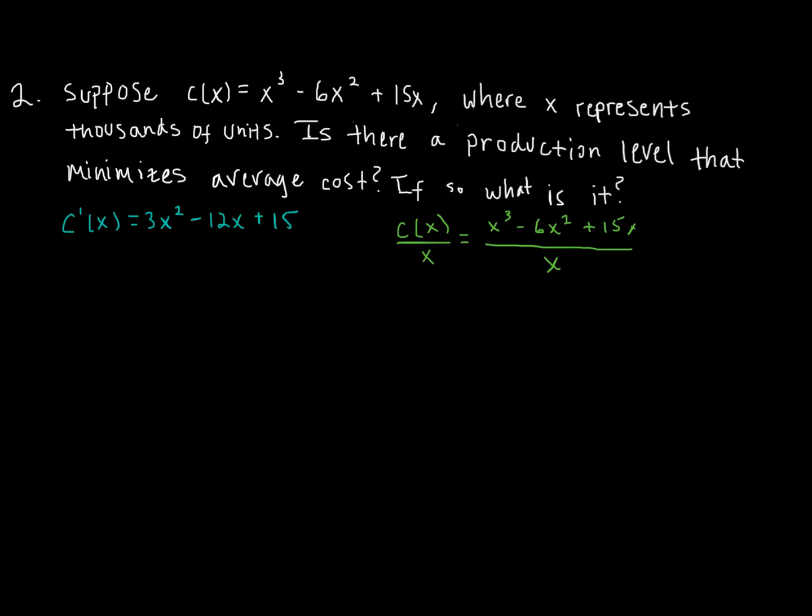Alright, so I found my marginal cost here in blue, my average cost function here in green. Now I'm going to set them equal to each other. I want you to go ahead and do that on your own, set them equal to each other and solve. There are a couple different ways you can do it, and I'll discuss those in just a second.